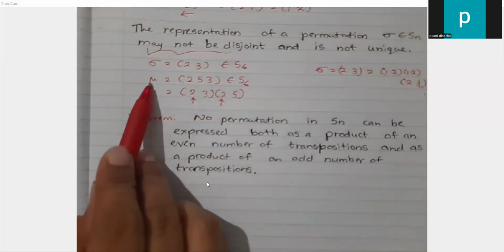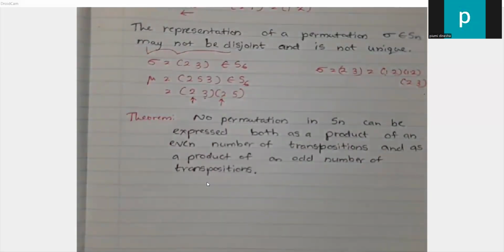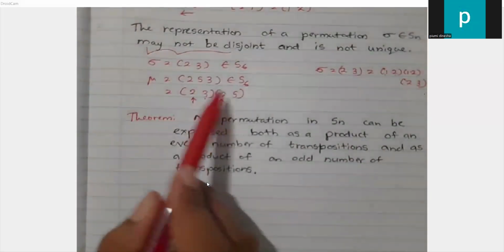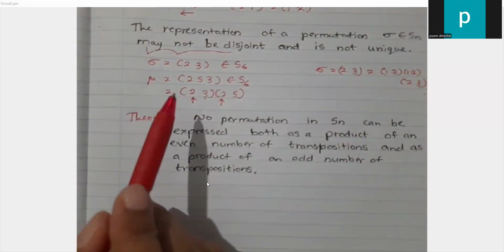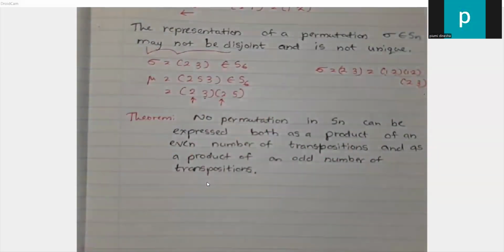Even over here now, mu is given by this product. You have two transpositions, an even number. If you want to take a different representation of mu, what do we do? We multiply by the identity. And identity can be written as a product of two transpositions. Once again, we keep on adding two to take different representations of the same permutation.